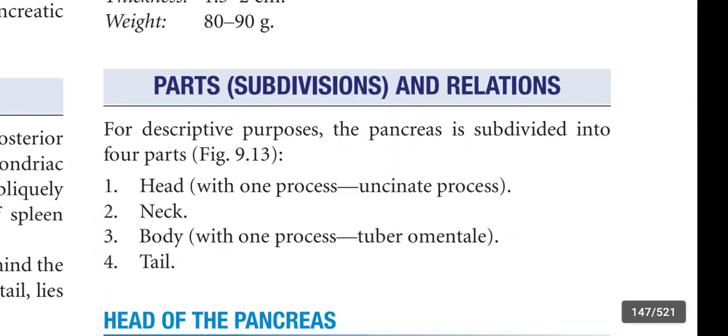Next, coming to the parts. For descriptive purposes, the pancreas is divided into four parts: head, neck, body and tail. The head has one process, the uncinate process.